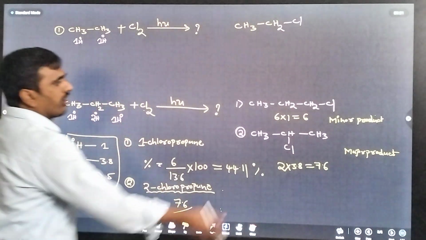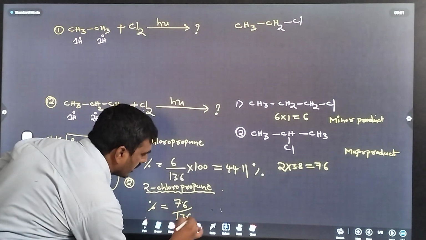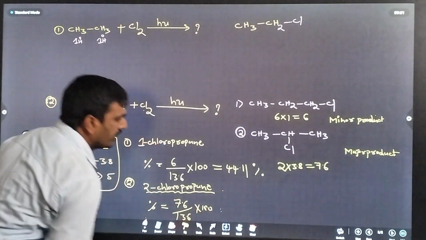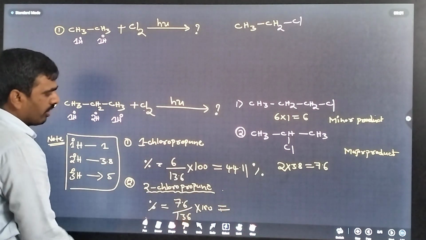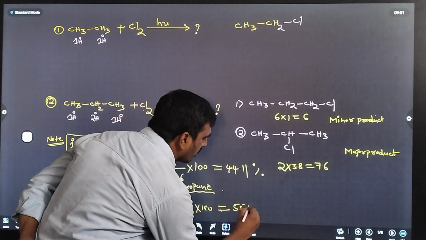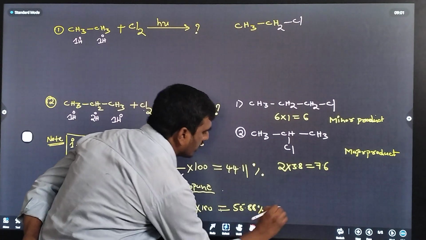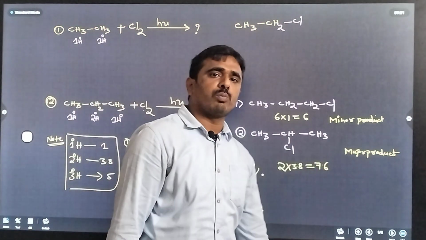Okay, so total contribution 6 plus 7.6, 13.6, into 100. So how much percentage of product is produced? So 55.88 percent. So which is the major product? The second one is the major product.